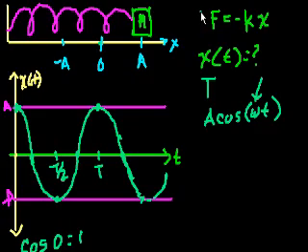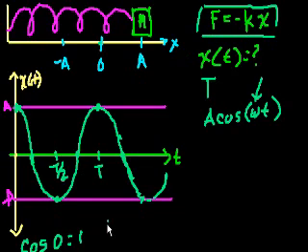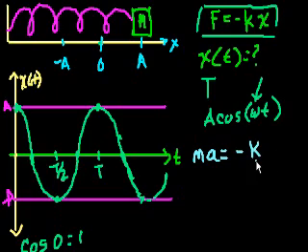So let's rewrite this seemingly simple equation in ways that we know. What's the definition of force? Force is mass times acceleration, right? So we can rewrite Hooke's law as: mass times acceleration is equal to minus the spring constant times the position.